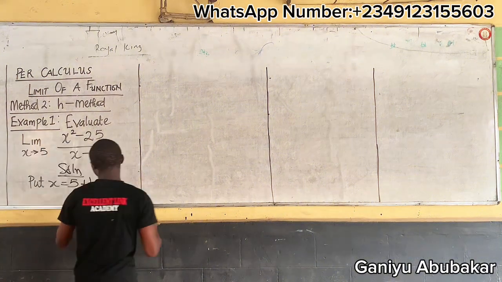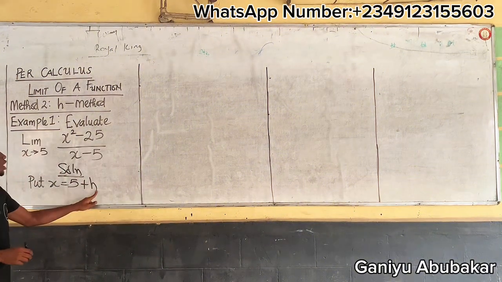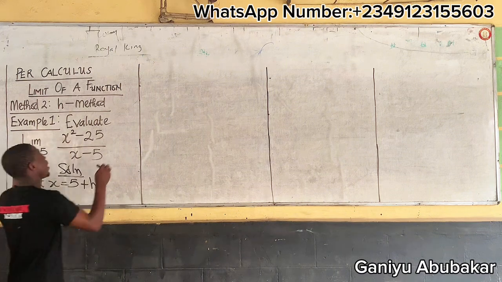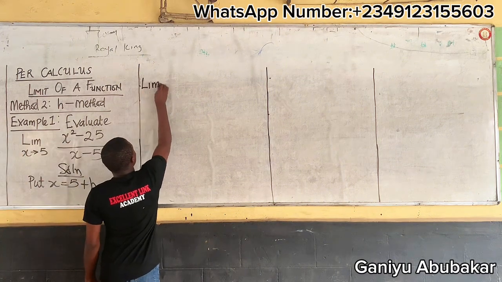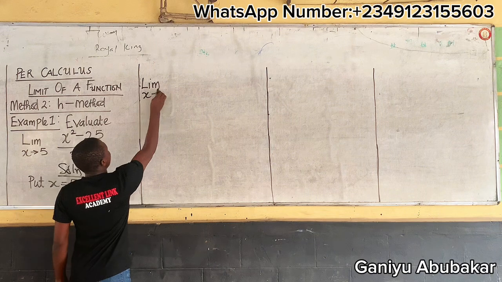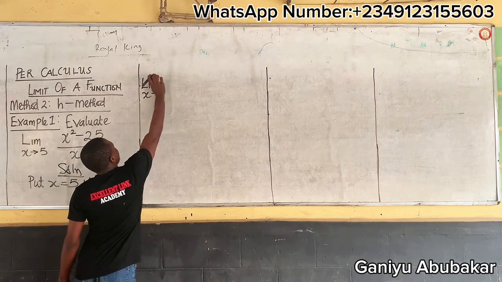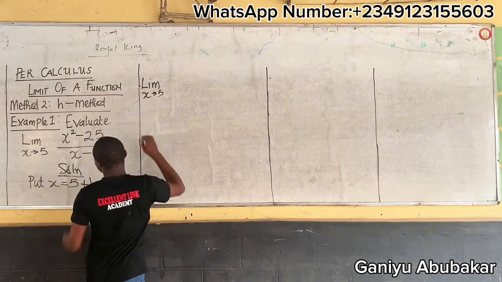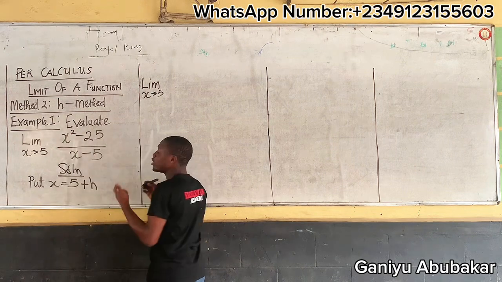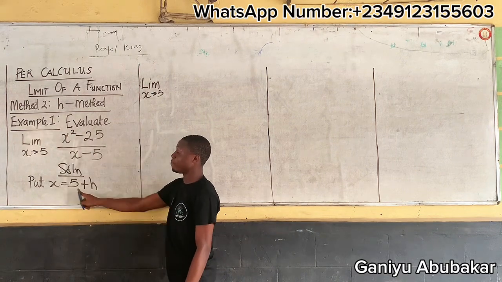So from here, I'll put x as being equal to 5 plus h into the expression here. So I'll have the limit as x approaches 5, I have x squared. Mind you, we said x should be 5 plus h.